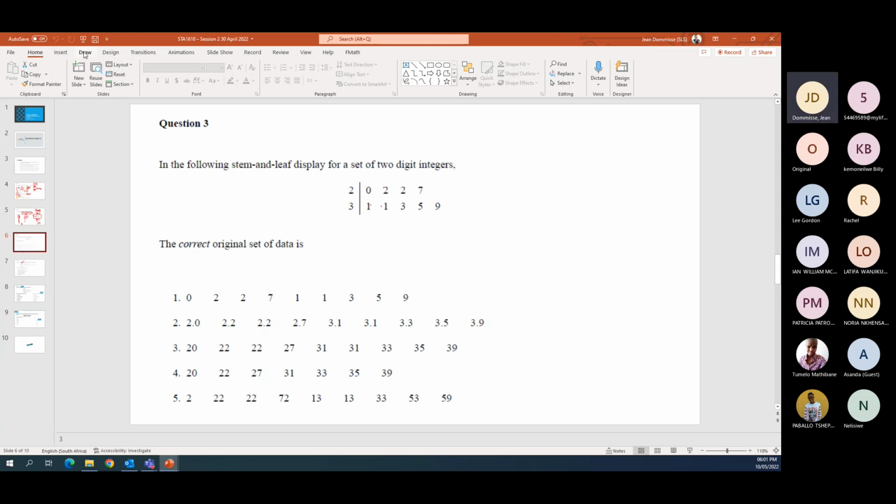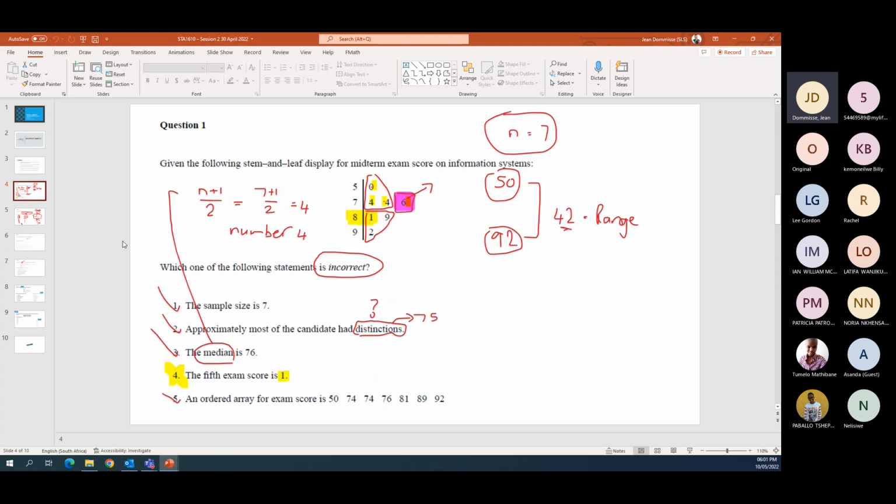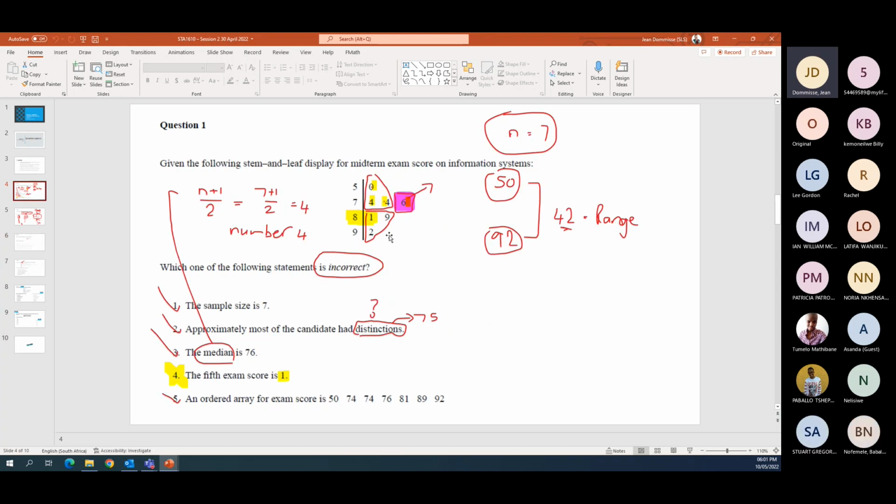Basically, the different ways that they can ask something like this in the exam: the first one was nearly every time they're asking you some of the information related to that.